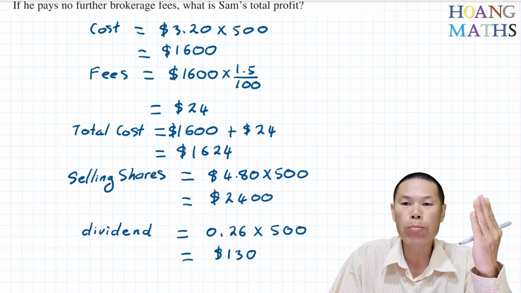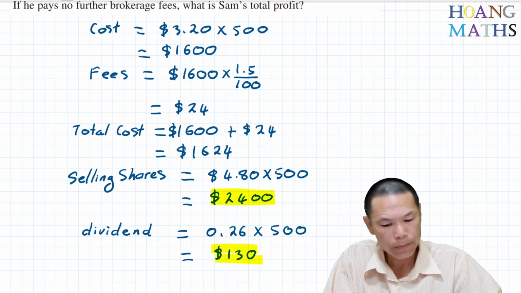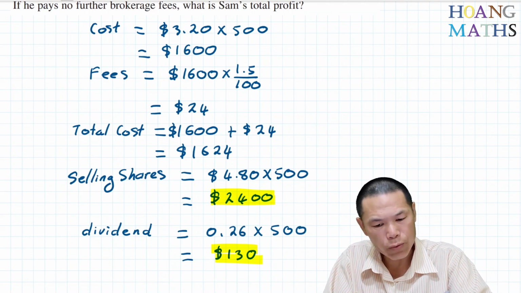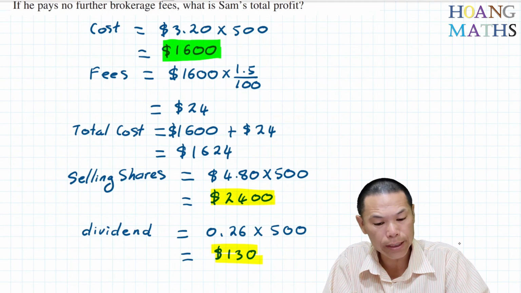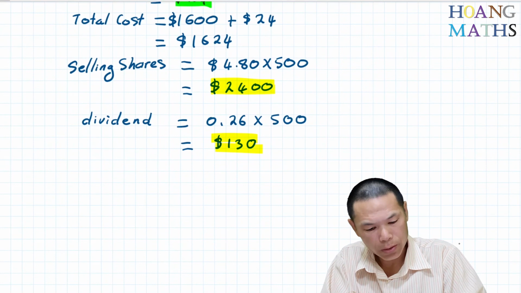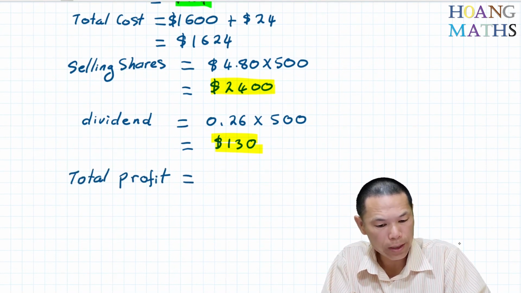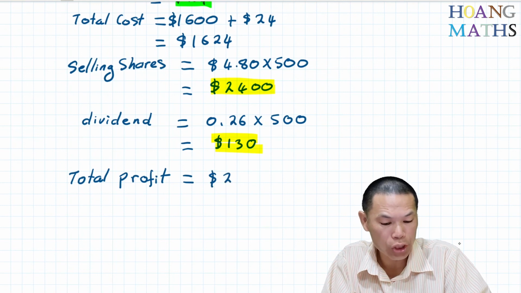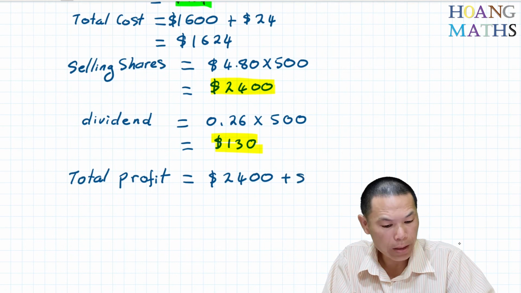To work out the total profit, which is the income from selling shares and the income from the dividend, then we minus the cost, that is $1,624. So let me just write this down. So total profit is equal to the income from selling shares, so 2,400, and we add $130.